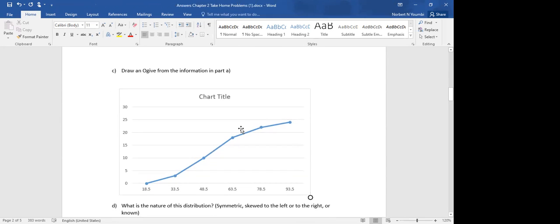Now the ogive, which is the cumulative percentage graph. So we will go back to Excel. I will copy this and I will place it somewhere else. So I will start with the lower class boundaries and put 0 there so that I get a good complete ogive. So that was 18.5.